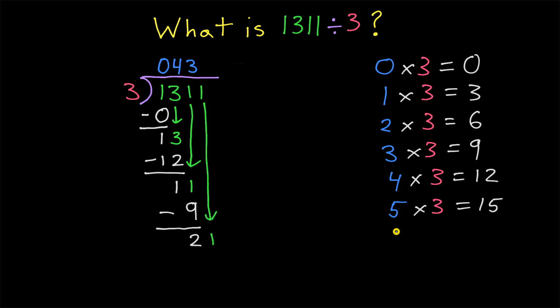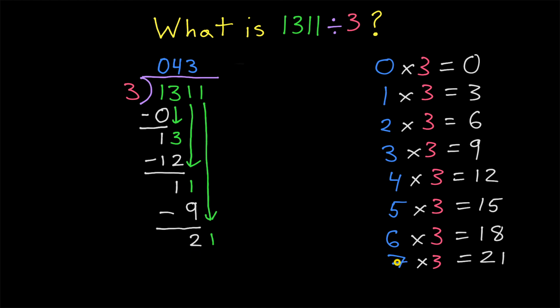What about 6? Well, let's try it out. 6 times 3 is equal to 18. 18 is still less than or equal to 21. 18 is in fact less than 21. What about 7? 7 times 3 is equal to 21. Well, 21 is exactly equal to 21, but that's fine. We're trying to find the highest number times 3 that is less than or equal to 21.